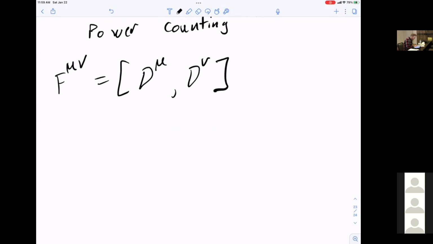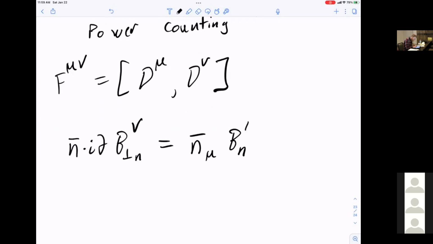So I'll define this, where I'm only taking the transverse directions for my nu.